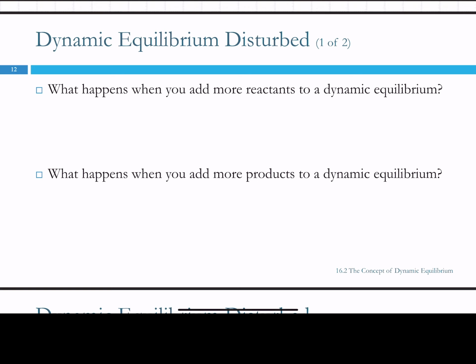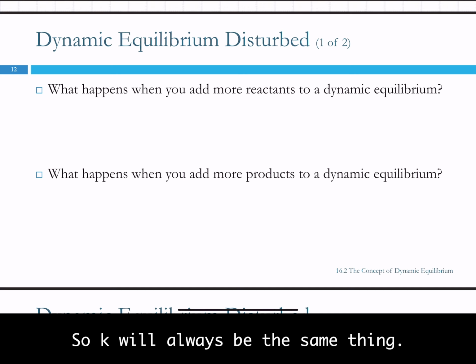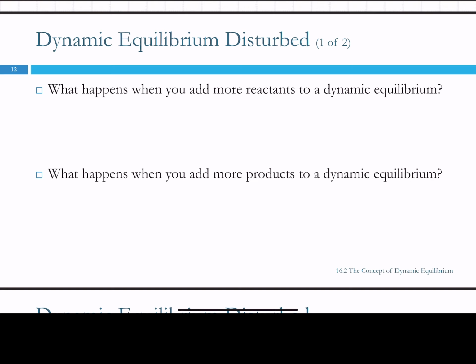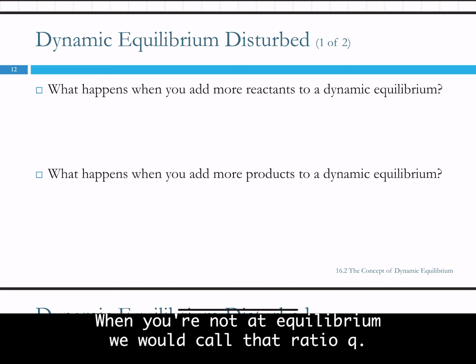K is the constant, so K will always be the same thing. And the equation, the book talks about Q later. At equilibrium, that's where the ratio is K. When you're not at equilibrium, we would call that ratio Q.